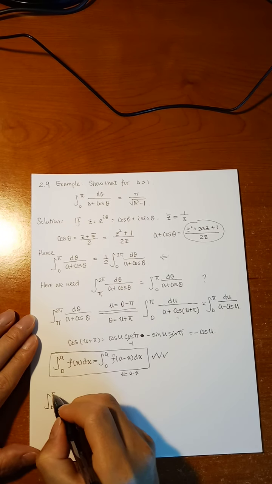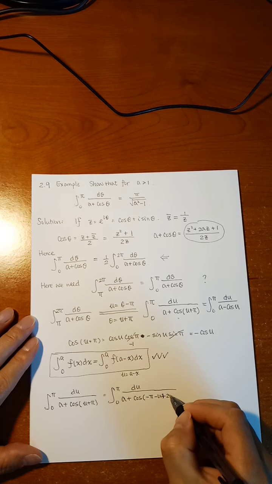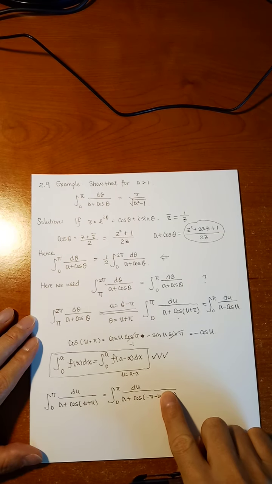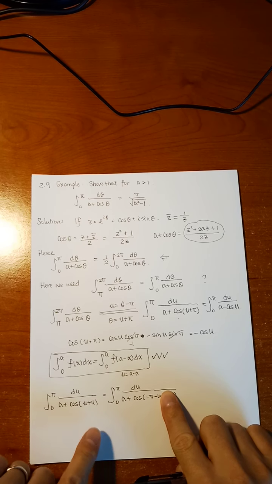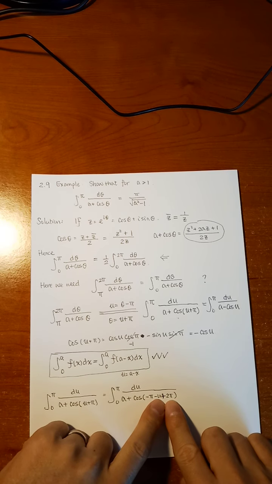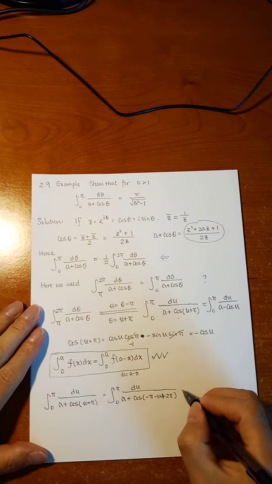Even function means we can add a negative sign to the argument, negative pi minus u, so cosine will cancel that negative sign. And then I'm going to add 2 pi, since cosine is a periodic function. So I have two steps here. First, I just add a negative sign for the inner function and do not change anything, because cosine is an even function. And second, cosine is a periodic function, so add 2 pi.